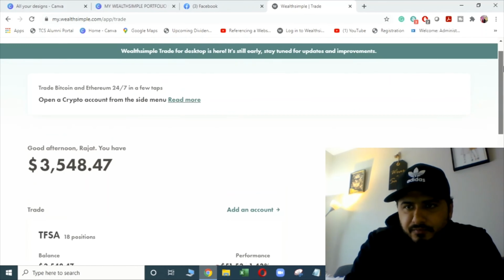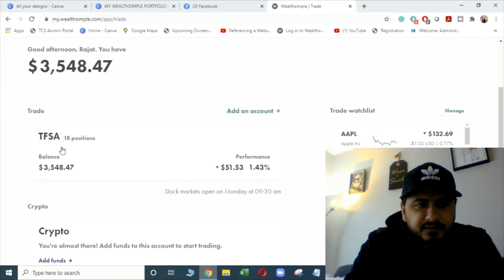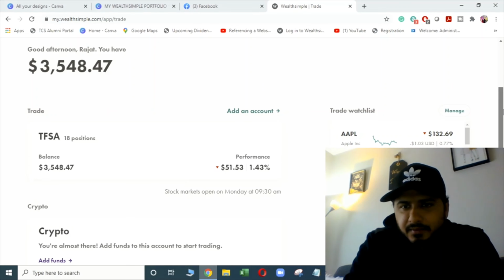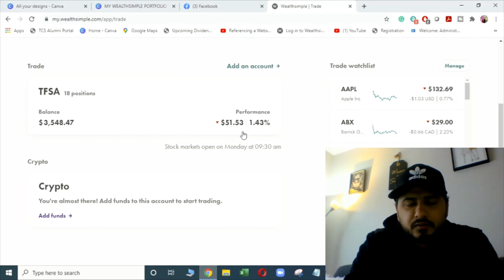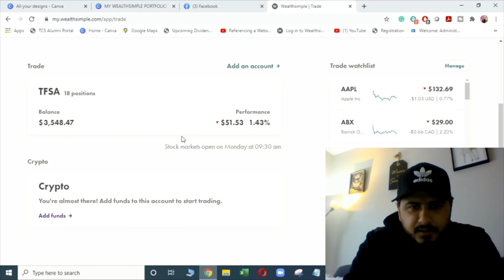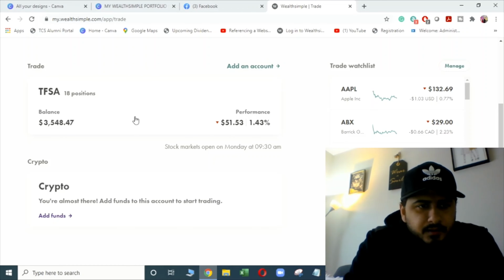I have made this contribution in my TFSA account on the Wealthsimple platform, and currently my performance is $51.53 down. As you can see, the markets are closed as of now, and they will open on Monday at 9:30 a.m.